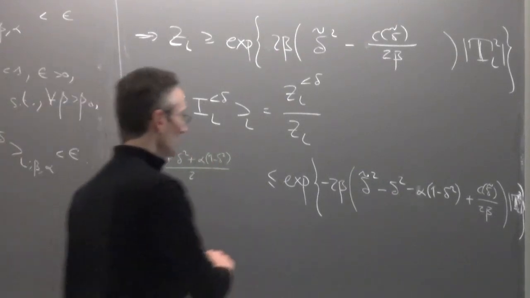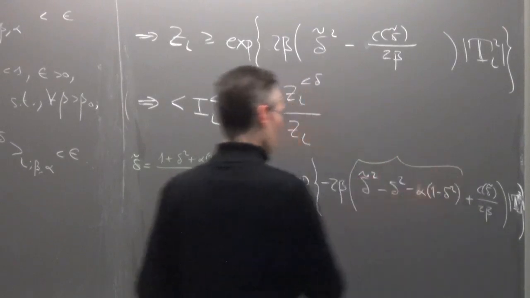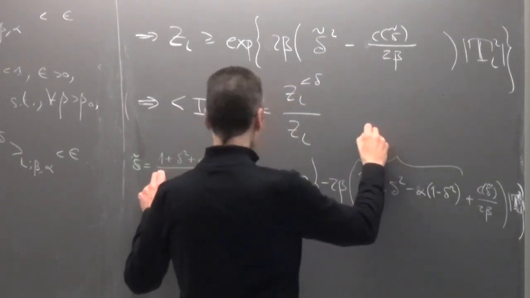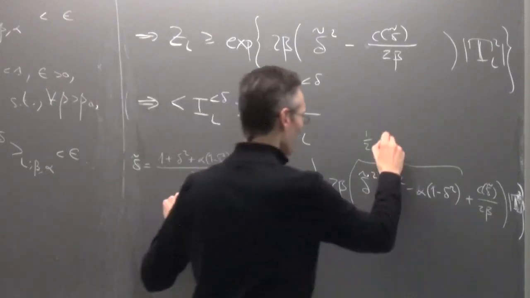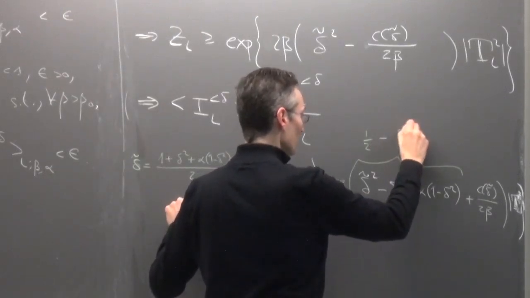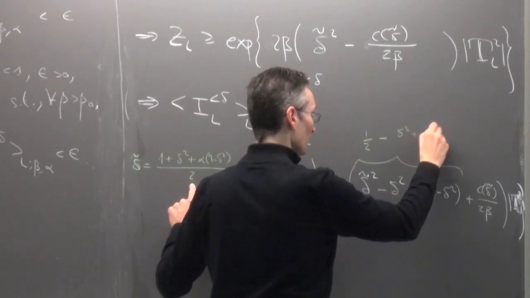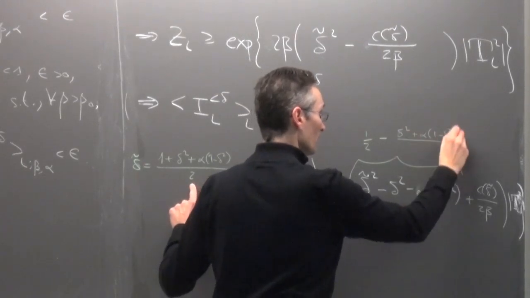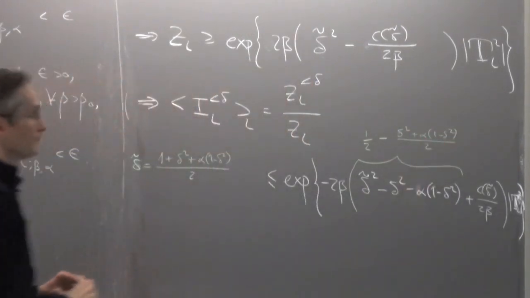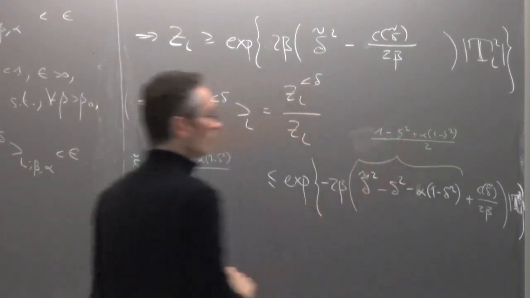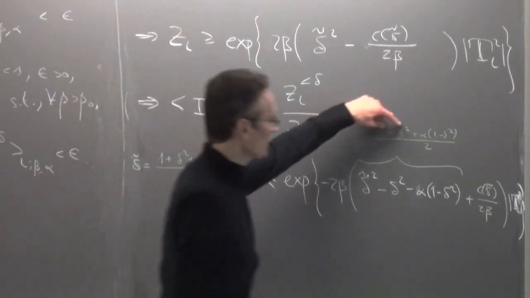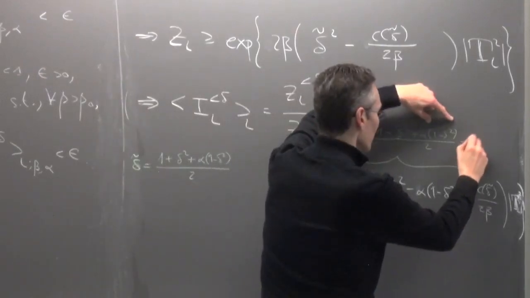And then if you make the computation, this gives you 1/2, and then this delta square over 2 remains here. It will be minus delta square plus alpha times 1 minus delta square over 2. Okay, I should put everything together. So it's 1 minus delta square, all this over 2. But then you see that I can take the 1 minus delta square out.